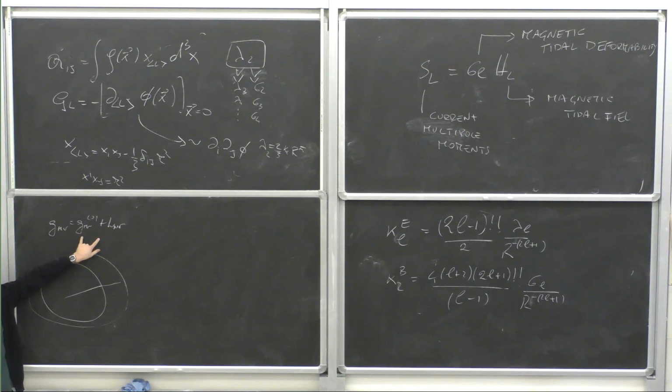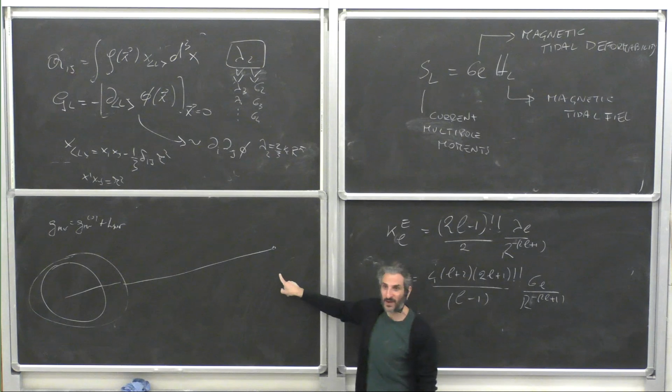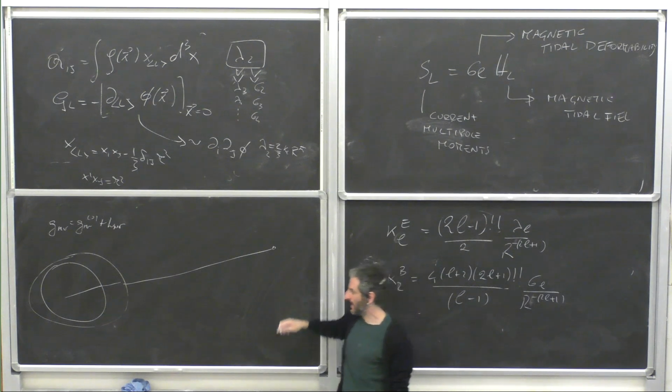The way to disentangle the two is to match this solution at infinity with an asymptotically flat description of the spacetime from which you can unambiguously read the multipole moments of a compact object. I see you a bit perturbed.